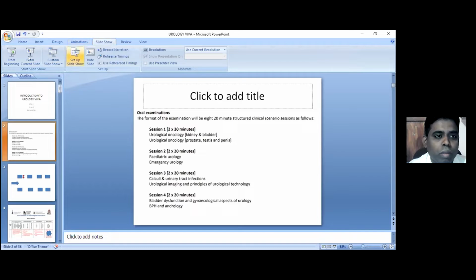Click on use presentation view. Are you using 2 monitors, sir? No, only one.